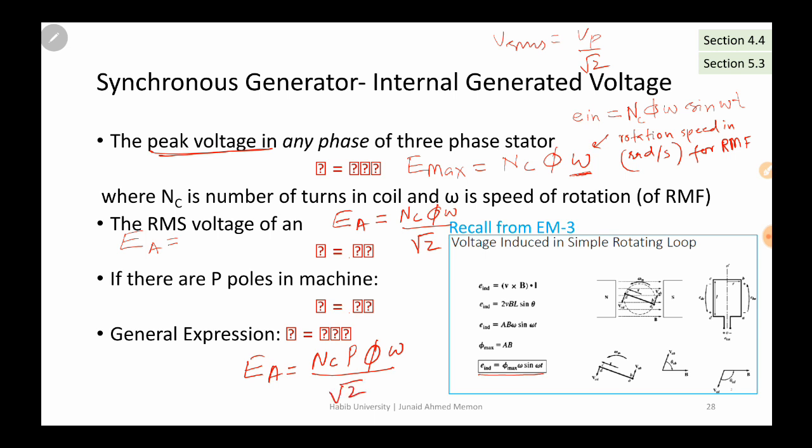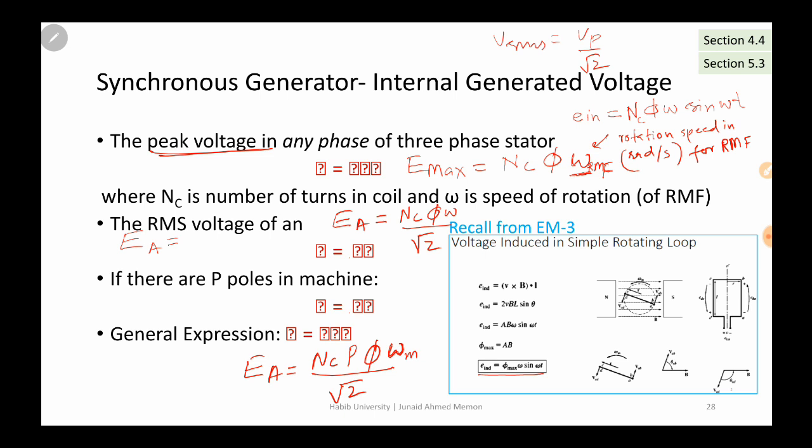Now this omega is just the speed in radians per second, the mechanical speed of the rotor, only that. So we can also differentiate: this is omega mechanical, and this is omega RMF.